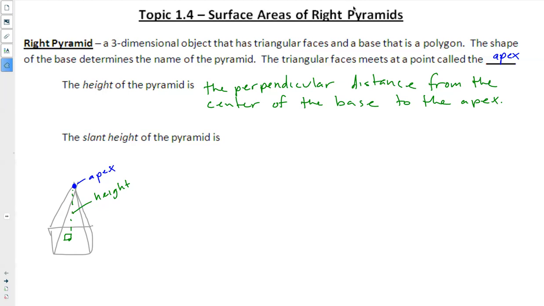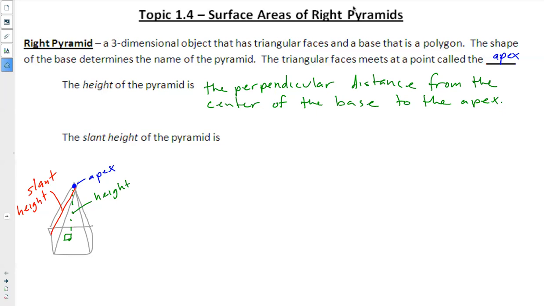From there, we have the slant height. That is going to be the height of the side of the triangular face. And that is the slant height. Note that this is different than just the height of the pyramid.